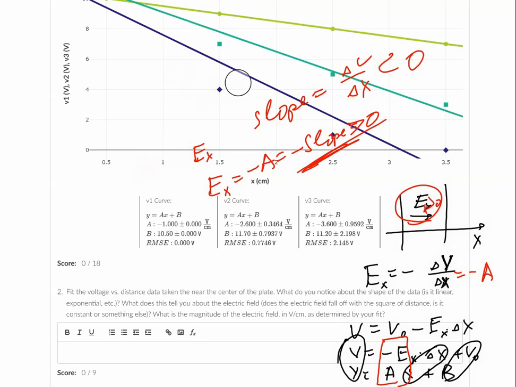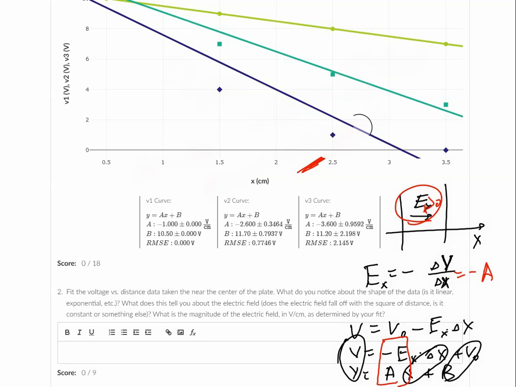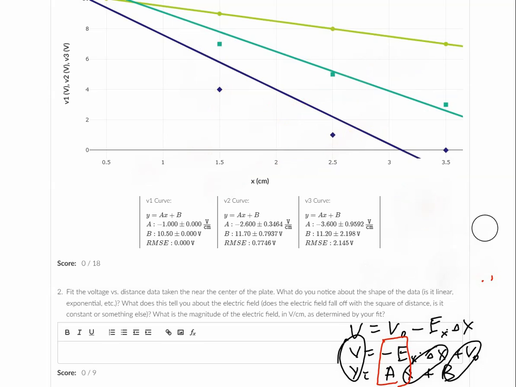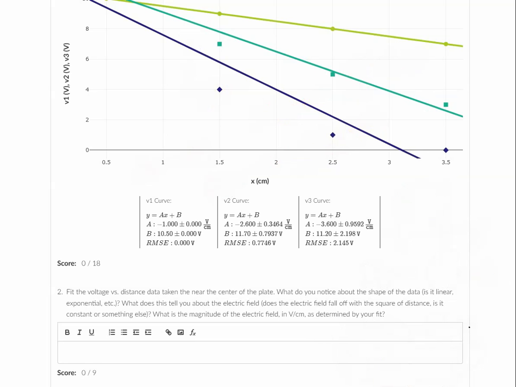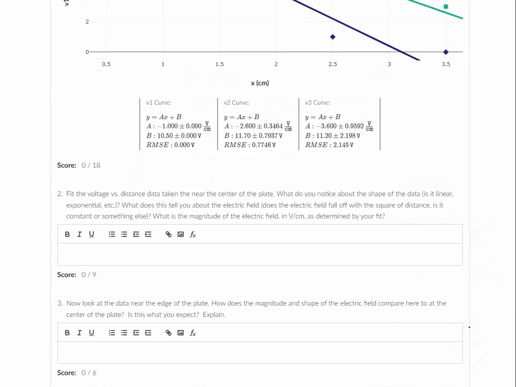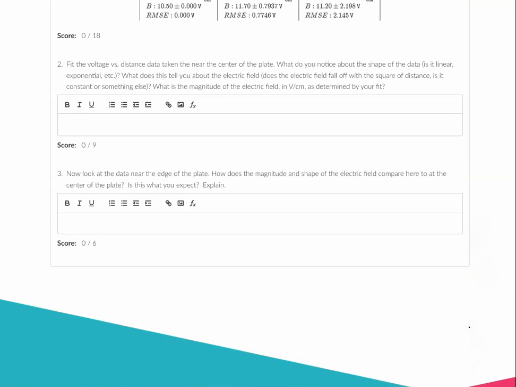Now we have to read the next question. And the next question is about the electric field close to the edge. So, first of all, again, magnitude, which cannot be negative, and if you write A equals -1, that's wrong.